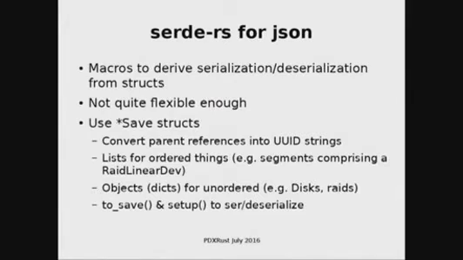Another thing that's, I guess, kind of a good rule of thumb is so you have like things that are ordered and you have things that are unordered. Like the order of segments for a volume, you better get the order right, because volumes don't really like it when you take this part of the disk and you pretend that it's over here and that sort of thing. But disks themselves are not ordered. RAID volumes are not ordered. They could start out as being the first thing on the disk, but then through some manipulations, they could end up on an entirely different disk, and that segment could be the second RAID volume on the disk.